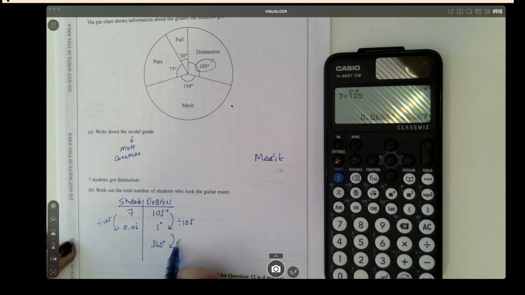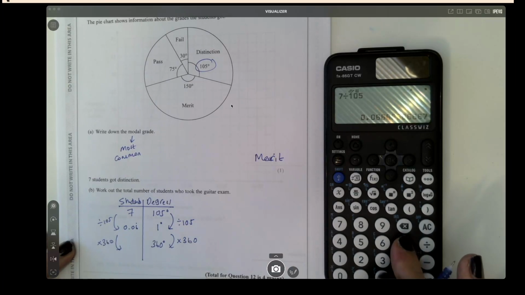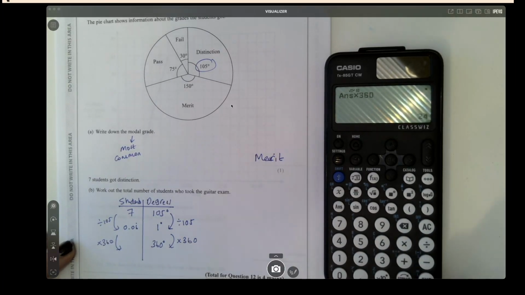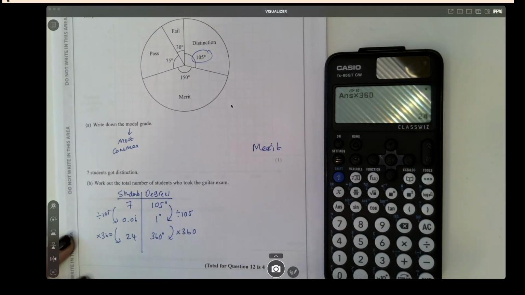And then we're going to times by 360. So there are 24 students who took the guitar exam.